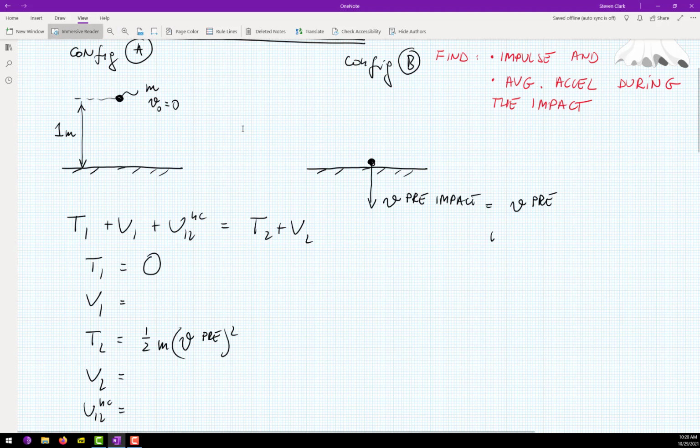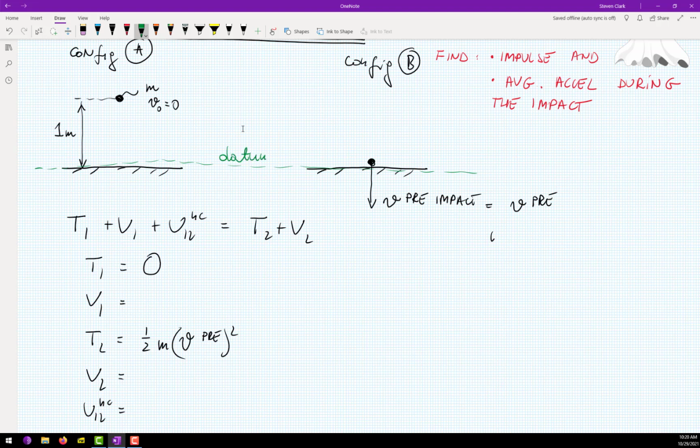So let's put our datum here. You can put it wherever you want. I'm going to put it here. At the end, the elevation of our particle is at the datum, so 0 here. And before we have mg times 1.